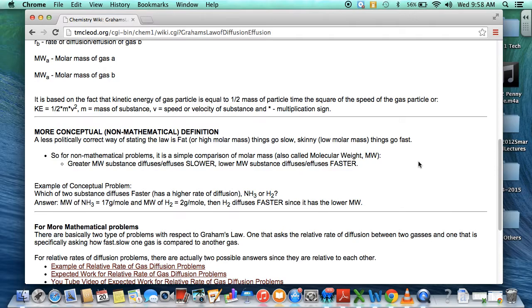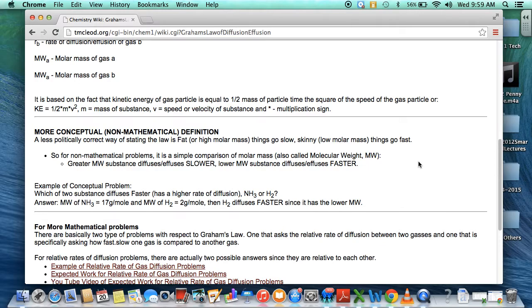If you want the fastest, find the one that has the lowest molecular weight, because that will have the highest rate of diffusion. If you want the slowest, meaning the smallest rate of diffusion, you would look for the highest molar mass or molecular weight substance.